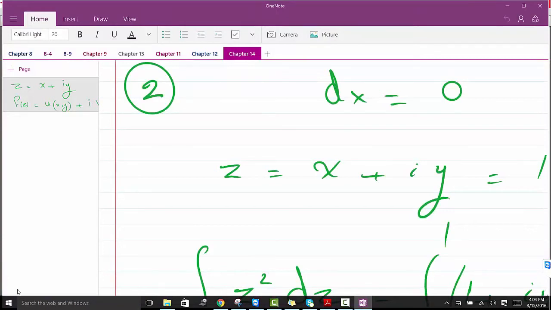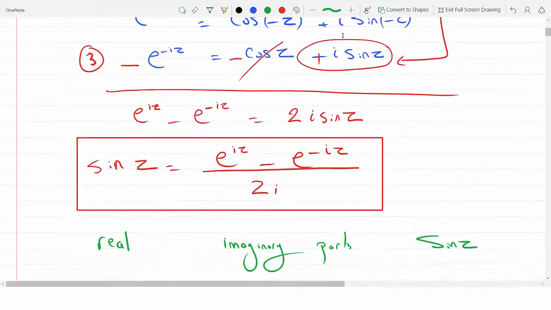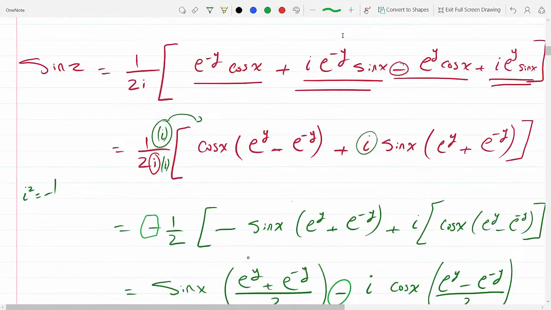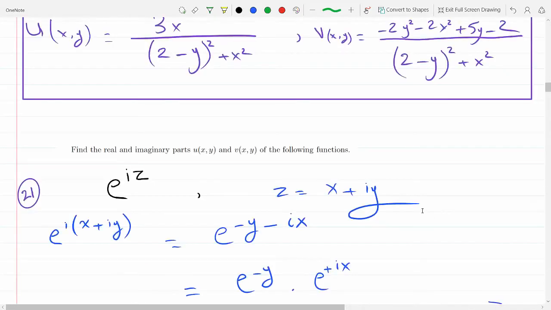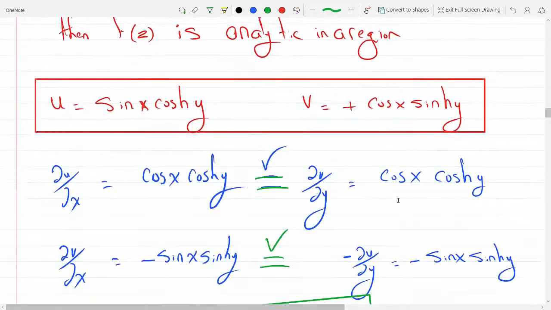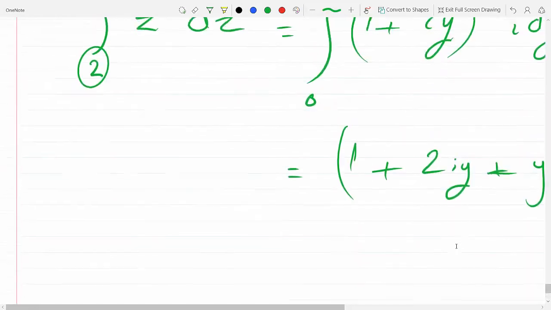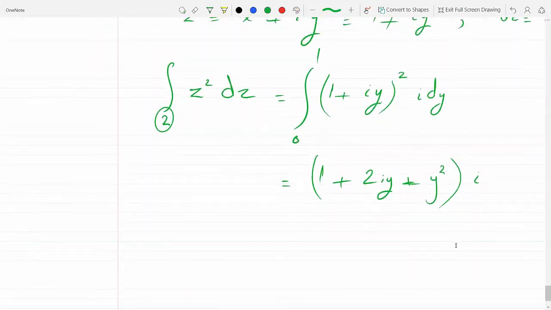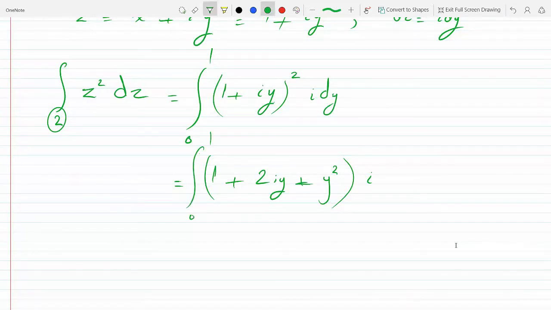We could pull the i out and integrate. Okay, this is from 0 to 1 dy.